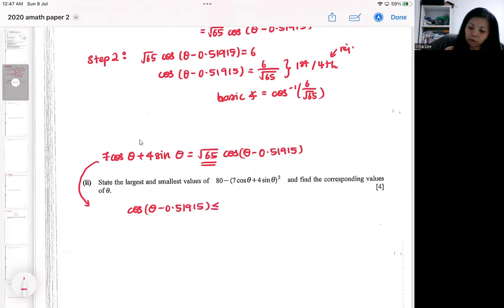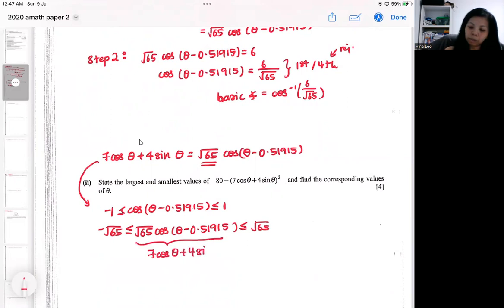If you multiply by the square root, you will get square root 65 cosine, and this is the equivalent of our function. So typically, this is our maximum and our minimum of the specific function.